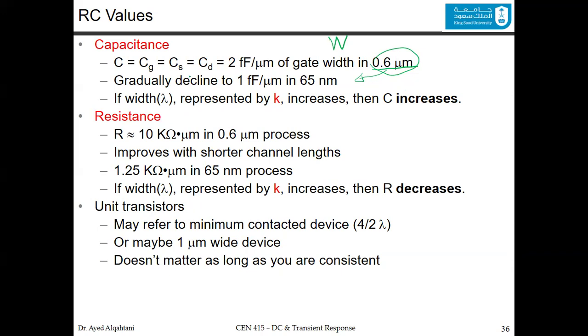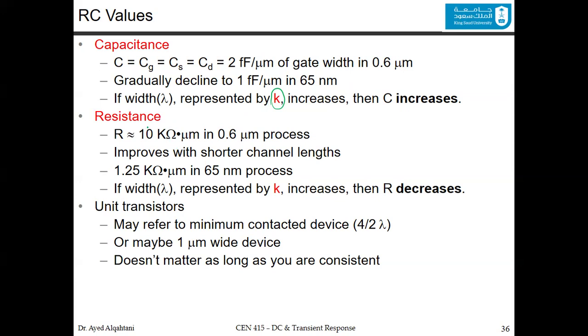We said before that this capacitance is equal to C per micron multiplied by the width. And the C per micron is this value for 0.6, and 1 femtofarad per micrometer for the 65 nanometer. Great. So I need to find K, the width of any transistor. If I find the width, then I can find the capacitance simply by multiplying with the value that was given to me for every generation.